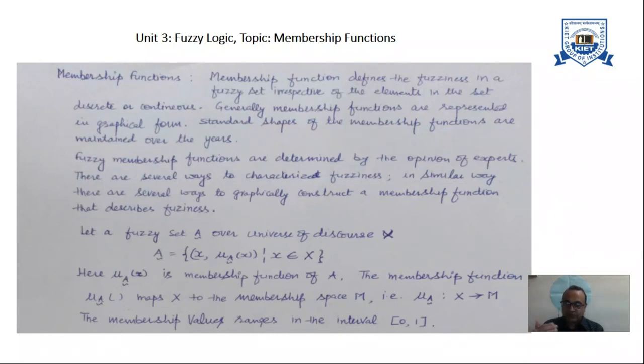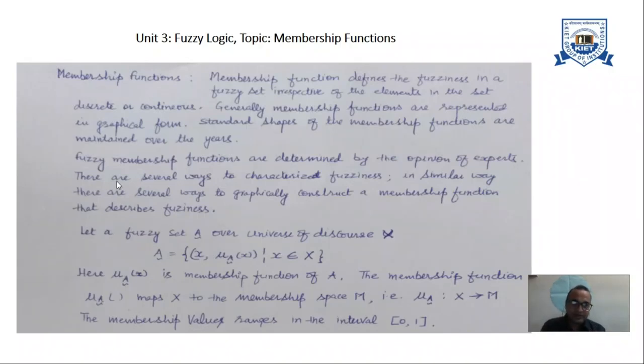On the basis of the opinion received from the expert persons, we make the fuzzification of the elements of the fuzzy set. In that way we will be able to maintain a membership function which will provide the membership value to the different elements of the fuzzy set.